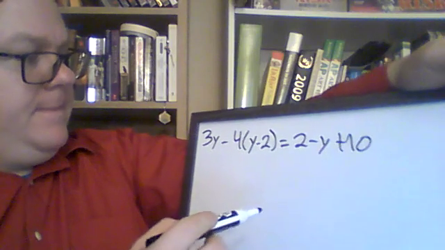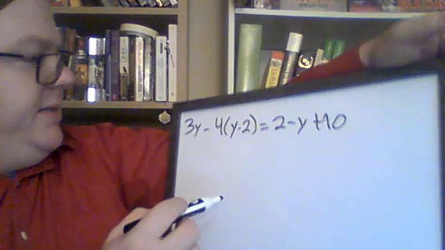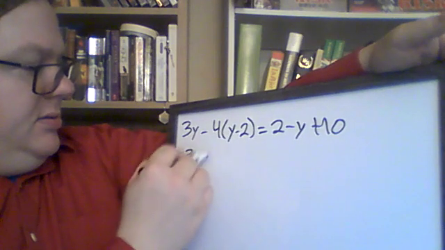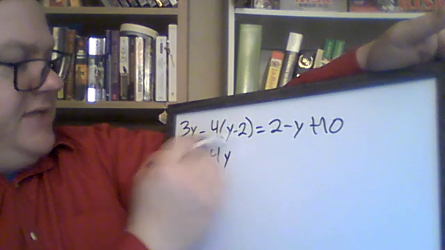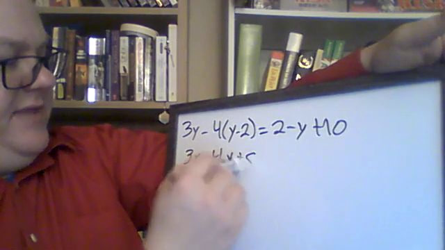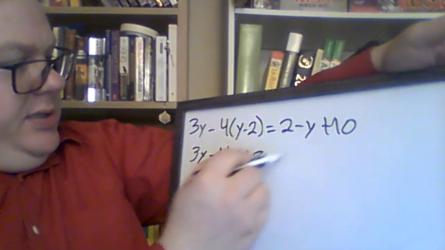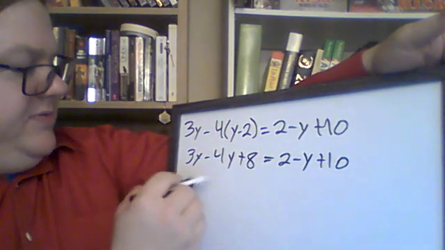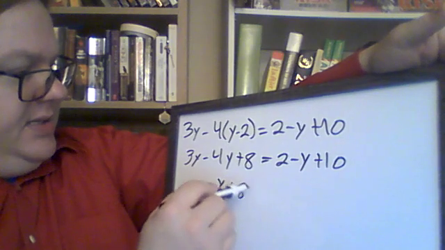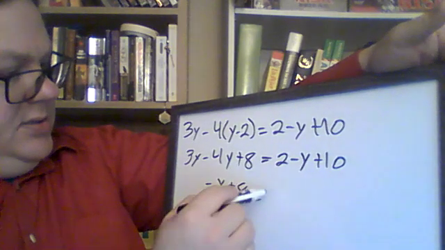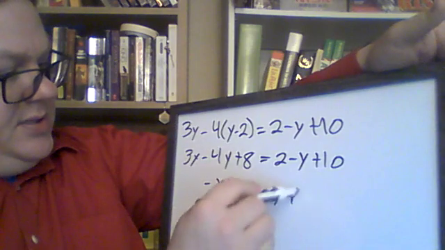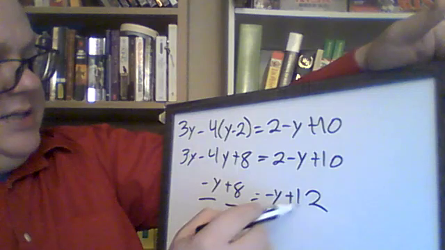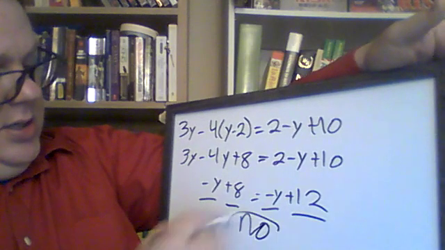Okay. 3y minus 4y, minus 4 minus 2 becomes positive 8, equals 2 minus y plus 10. 3y minus 4y is minus y plus 8 equals negative y plus 12. Now we've got this negative y equals this negative y, but 8 does not equal 12, so this is no solutions.